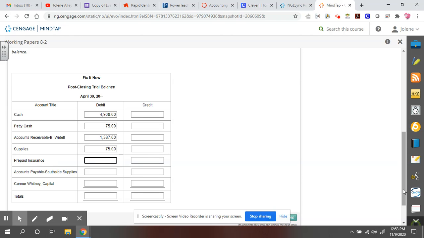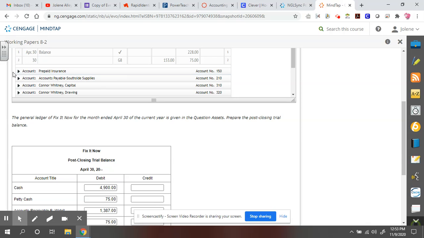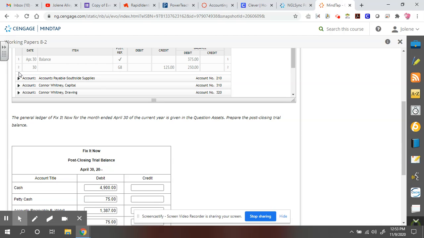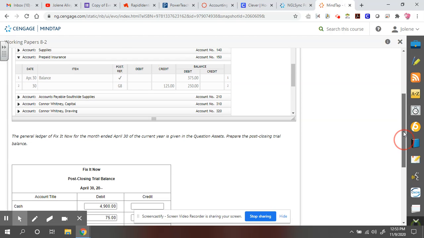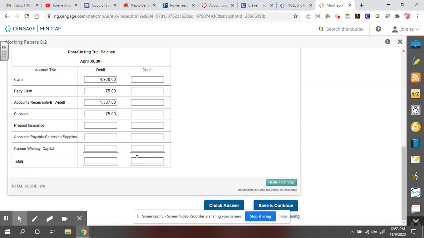Prepaid insurance is also an asset. You own it and it has value. So we go up here to prepaid insurance, and we see that prepaid insurance now has a debit balance of $250. So I'm going to pull that down here, $250. Okay, now we go to accounts payable.